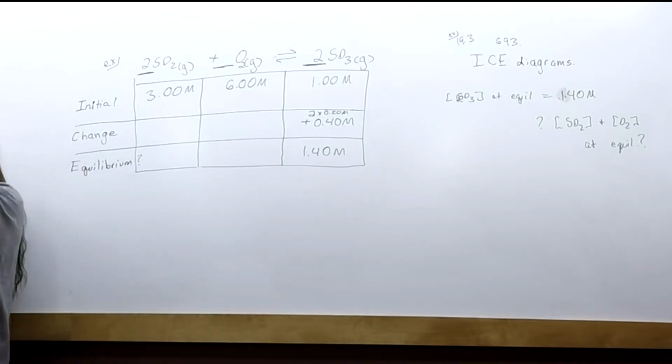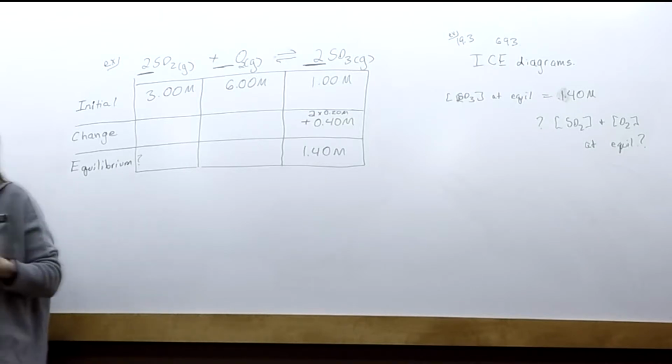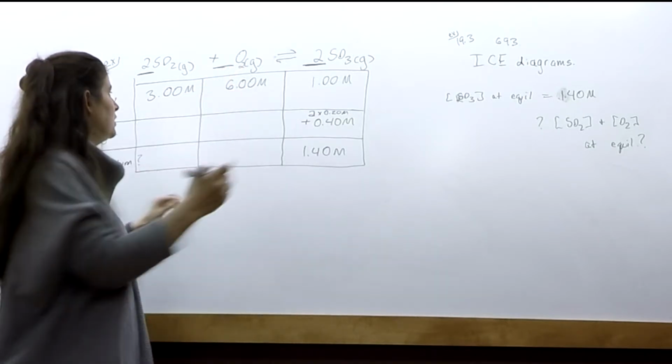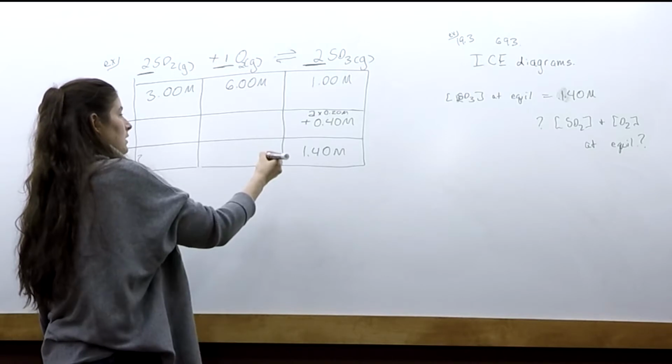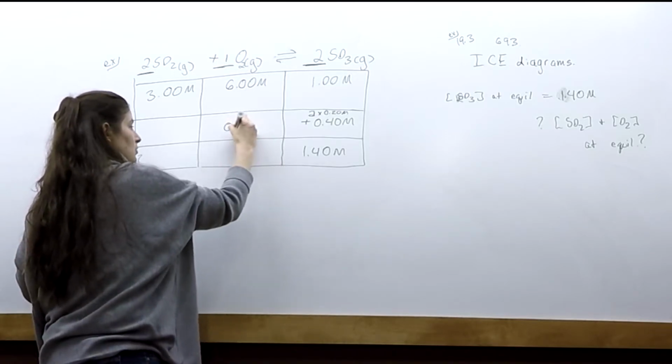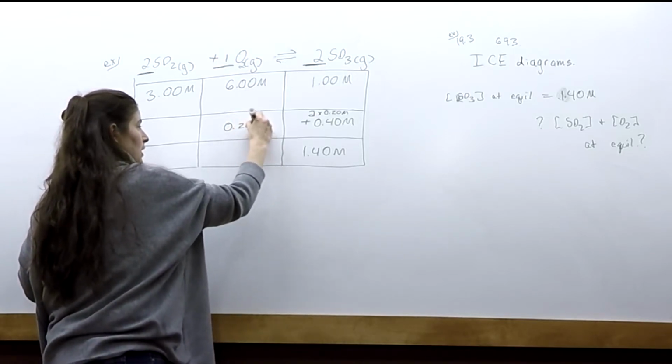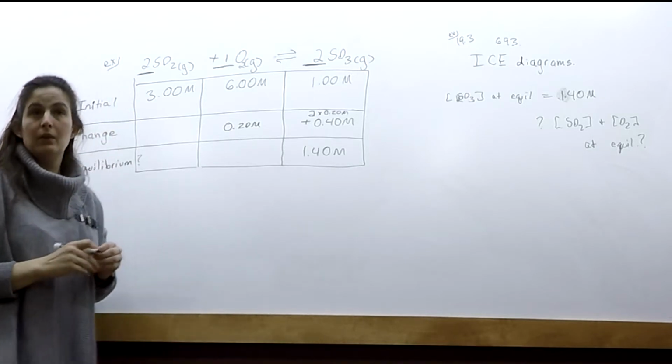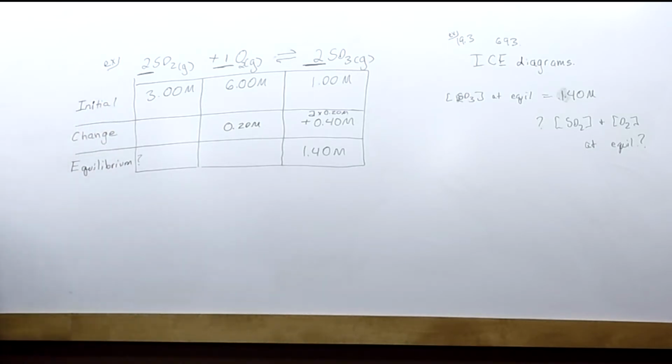So each one had a change of 0.2. So when we go to the oxygen here that has a coefficient of 1, the change is going to be 0.2 instead. Right? Because there were twice as many of the SO3. So the change is not different, it's constant across, but it's dependent on your coefficients.